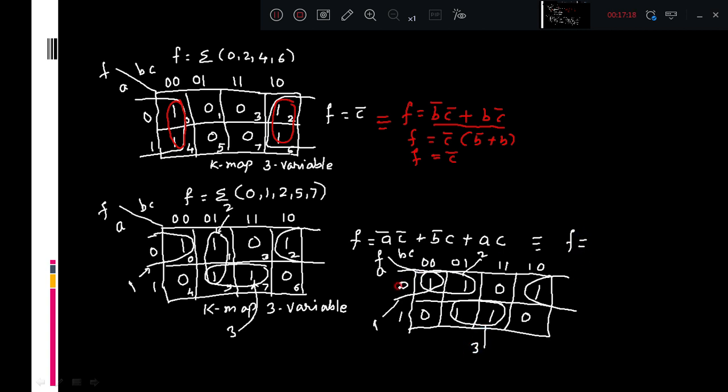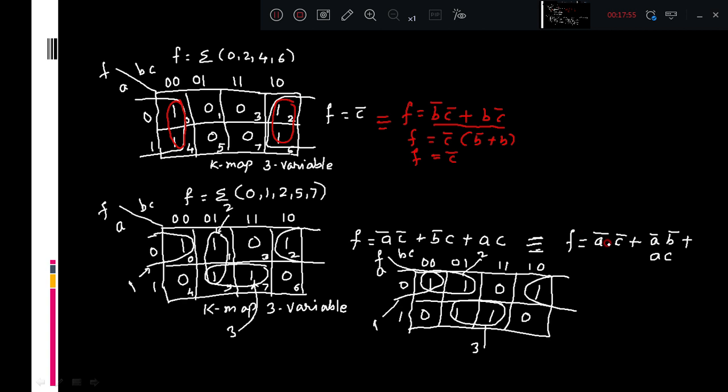For the first, I'll get A bar C bar, then I'll get A bar B bar, and for the third, it will be A C. You can observe that both the solutions we have got for the same function result in two different equations.